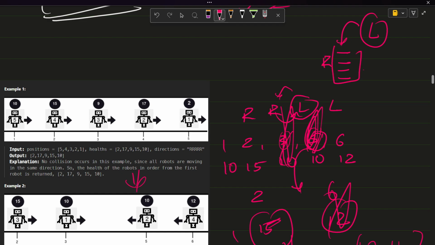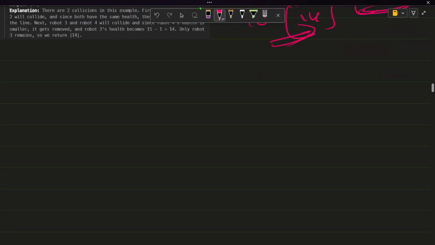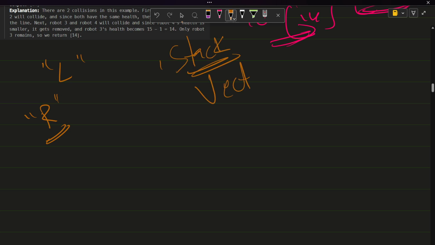So can you think of it as a stack? Yes or no? Let's write it more clearly. As soon as you are encountering the left direction, you will compare it with everyone with the direction right, which we would be storing in some data structure. The most probable data structure will be a stack, or you can also use a vector.